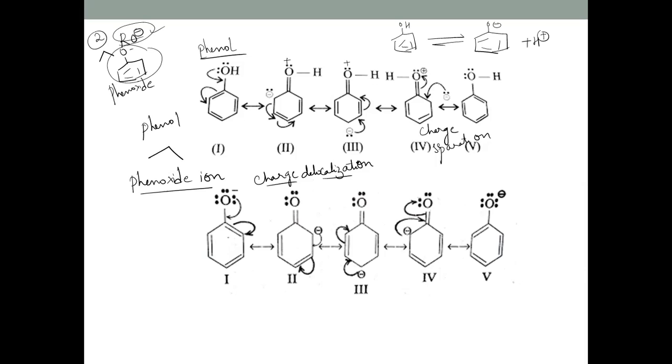Since there is charge separation in the resonance structures of phenol, but in phenoxide ion there is no such charge separation, phenoxide ion is more stable than phenol, and also than the alkoxide ion. These are the two reasons why we can say that phenols are more acidic than alcohols.